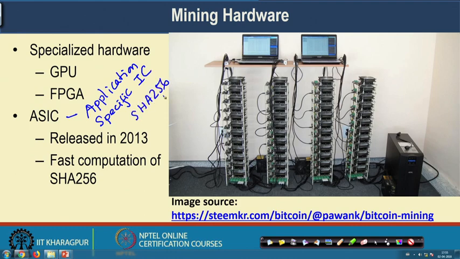If you remember, in the Bitcoin mining procedure we apply the SHA-256 bit hash function. So, to increase the mining speed, you have to generate more hashes per unit time. The first ASIC was released in 2013 for this fast computation of the SHA-256 bit hash function, and this diagram is for a mining hardware corresponding to this ASIC design.